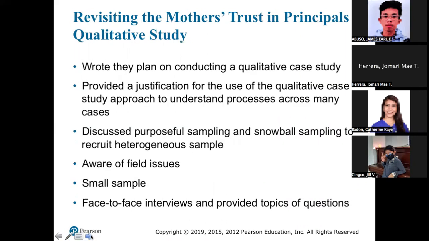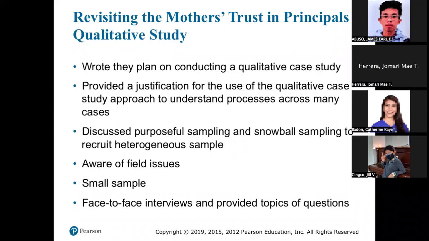Okay. Then revisiting the mother's trust in the principal's qualitative study. Could you read it, Catherine Badon? Yes, sir.